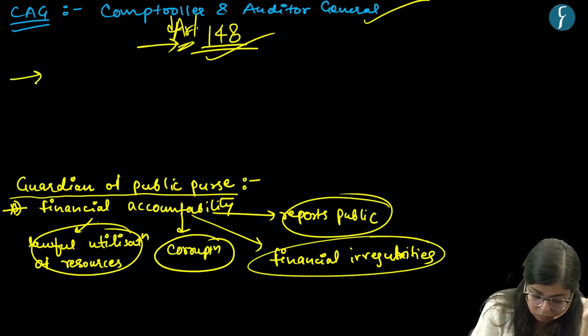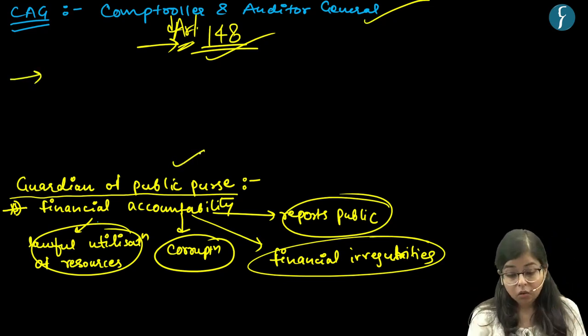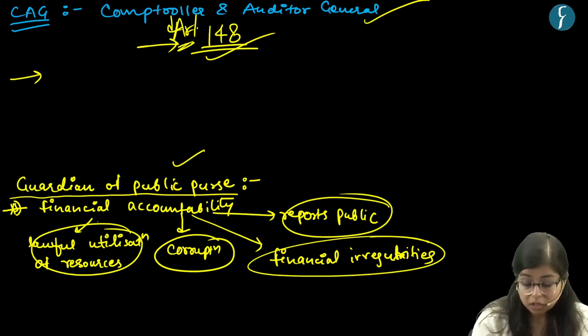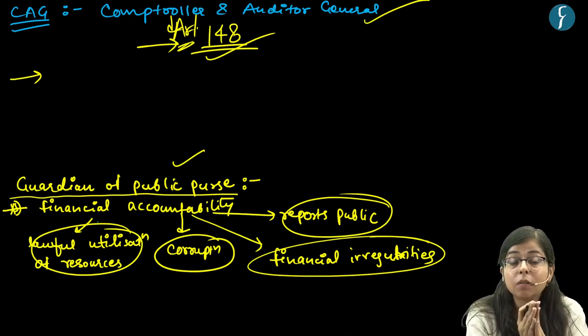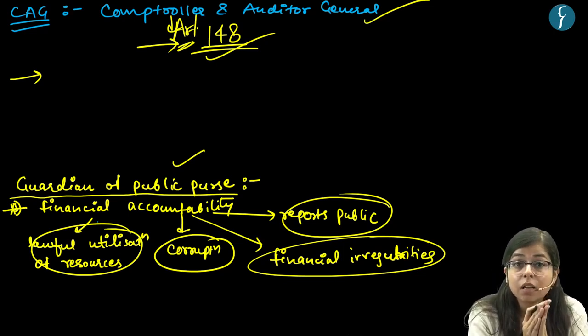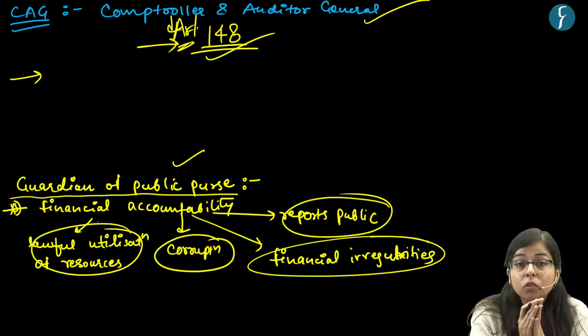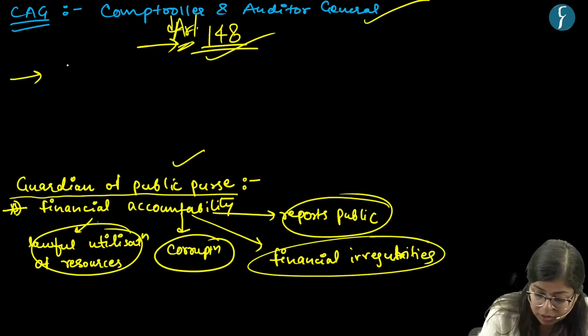Now, this CAG is known as guardian of public purse in the country. That is, this is an important body in India, which aims to maintain financial discipline in the country, right?